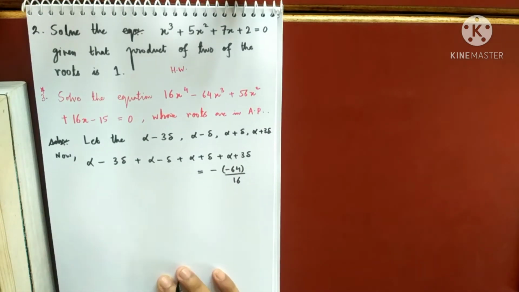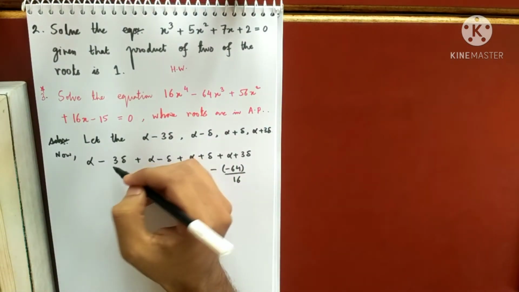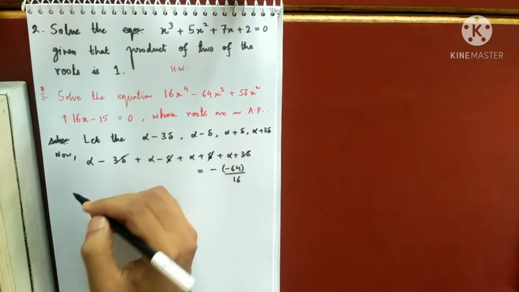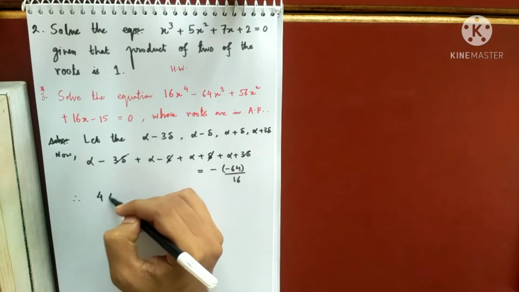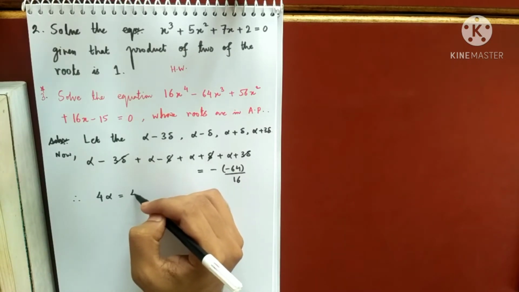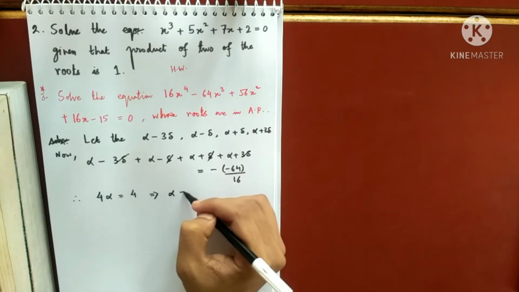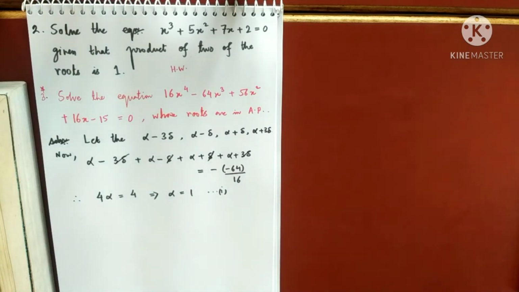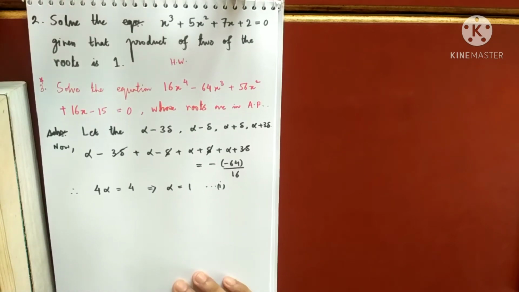This is by the formula, the first relation. The deltas got cancelled. Therefore, 4 alpha equals 64 by 16, which is nothing but 4, and this implies alpha equals 1. So this is the value I have got for alpha, and keep that in mind. This is the first relation.